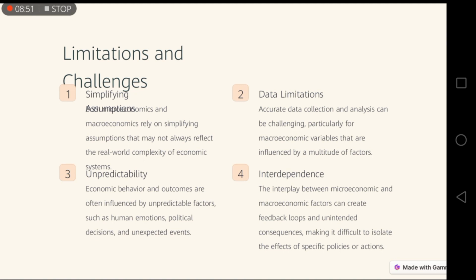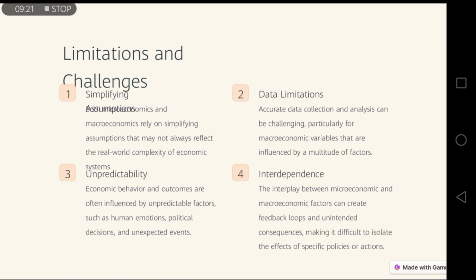Both microeconomics and macroeconomics rely on simplifying assumptions that may not always reflect the real-world complexity of economic systems. So economics does not exactly depend on mathematical models, or does not exactly use statistical models. It is more prone towards a theoretical approach. We cannot always rely on economic assumptions or findings.